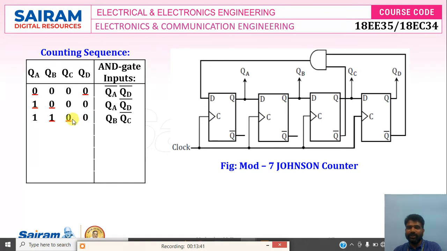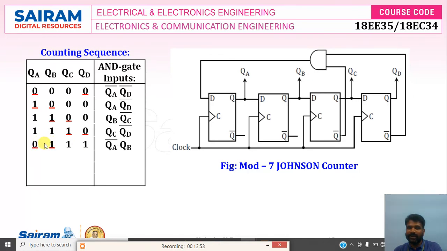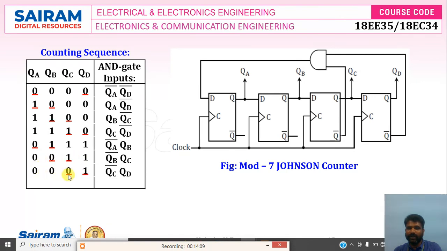Again 0 0, complement 1 1, output of the AND gate is 1 and the values are shifted. Now see, this is 1, its complement is 0, so one input to the AND gate is 0, meaning the output is 0, so 0 comes here and the values are shifted. Again here both are 1 1, its complement is 0, so the output of the AND gate is 0, so that comes to QA and the values are shifted. Again both are 1 1, its complement is 0 and the values are shifted. Clear, no? So here again, since QD is 1, its complement is 0, so the output of the AND gate is 0, so 0 comes here and it repeats.